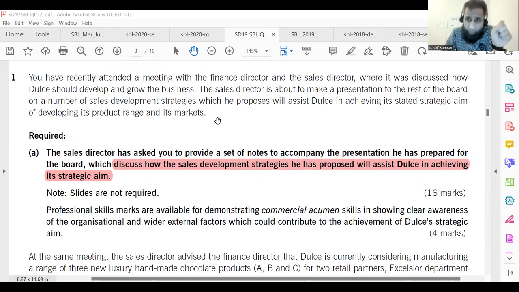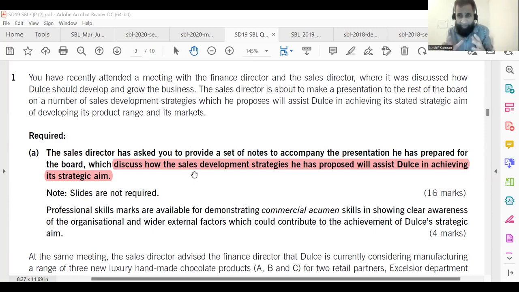Now, when you look at a question like the one on screen, which is from the December 19 paper, question number 1, it asks: the sales director has asked you to provide a set of notes to accompany the presentation. So you need to develop the notes to accompany the presentation he has prepared for the board, which discusses how the sales development strategy he has proposed will assist the company in achieving its aims.